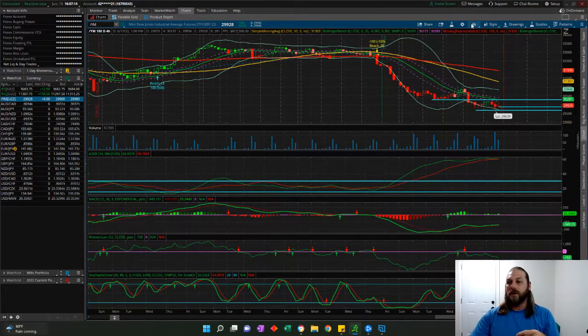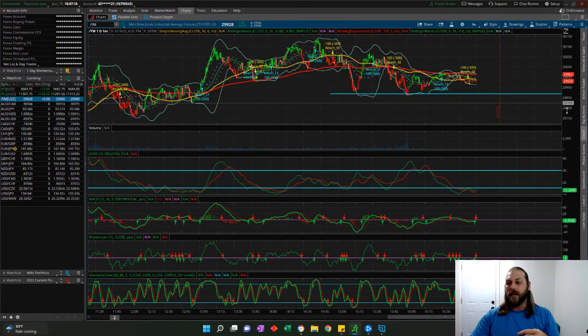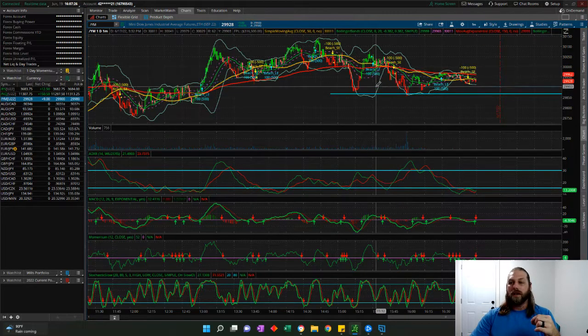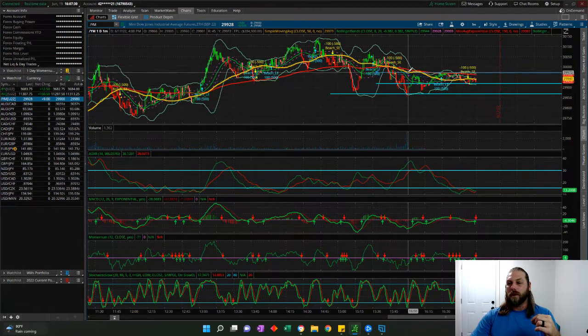Basically, anytime you get a reset of the ADXR, which is something like this, what I call a reset, where it's come all the way back down below 15, then you have to wait to see where that momentum is going to go.